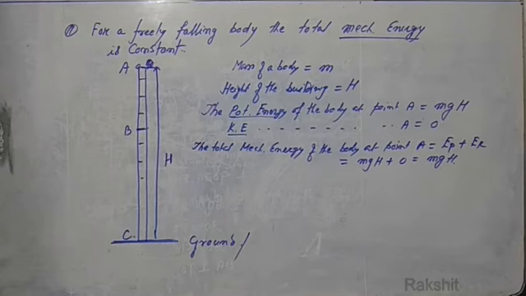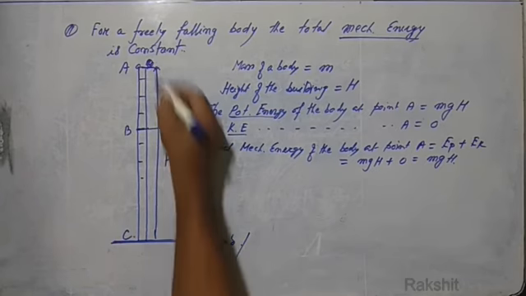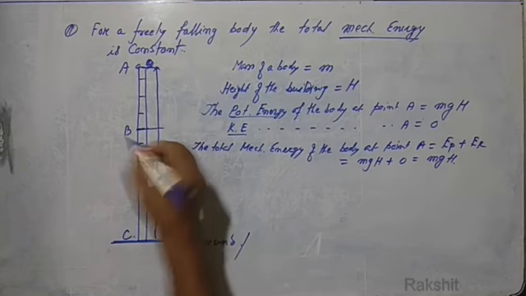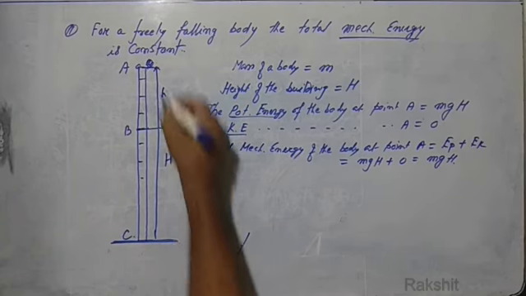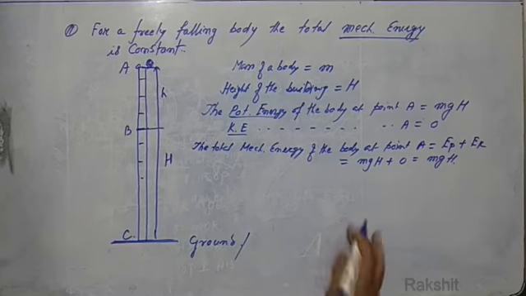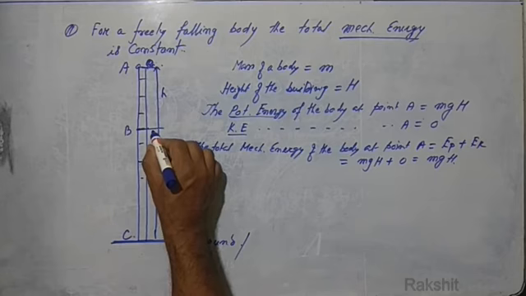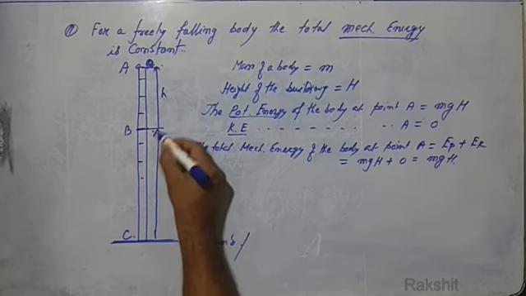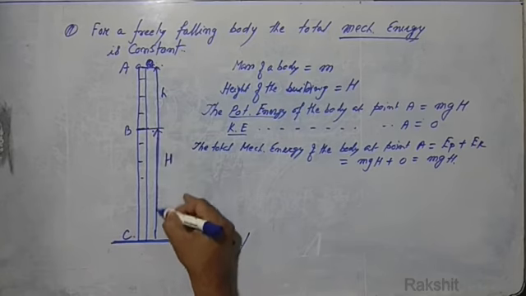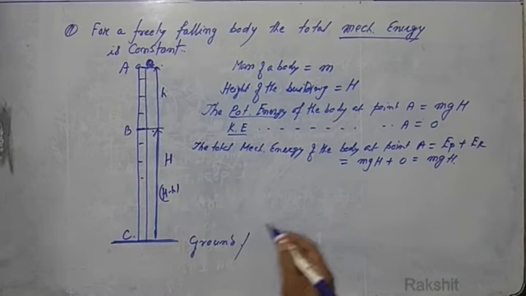Now, let us suppose the distance between A and B is equal to h. Distance between point A and point B is equal to h. So when the body falls freely from point A to point B, the height of the body becomes H minus h.